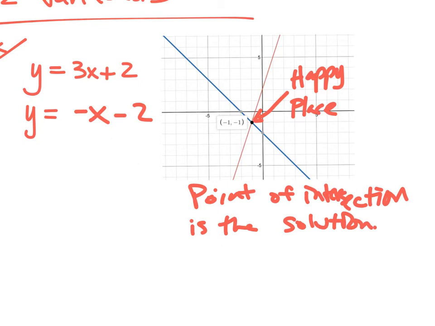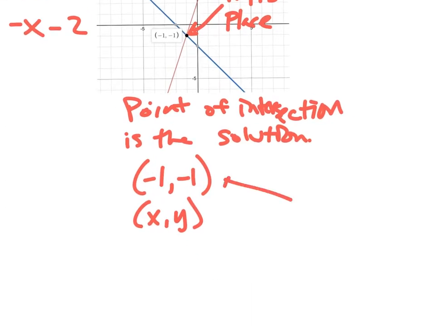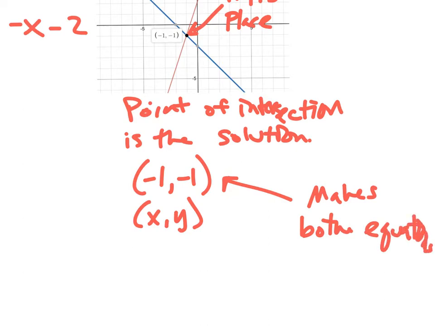When I have this solution, when I have this point, negative 1 comma negative 1, all right, I have an x value and a y value at that point. Okay? And the reason why this is a solution is that it makes both equations true. Okay?